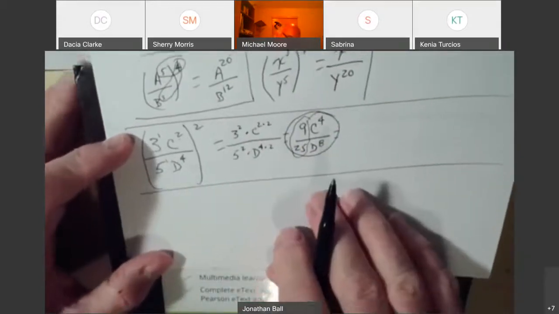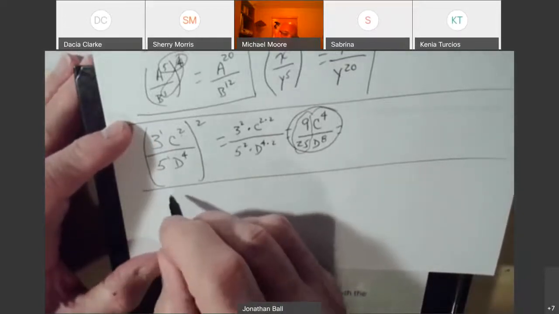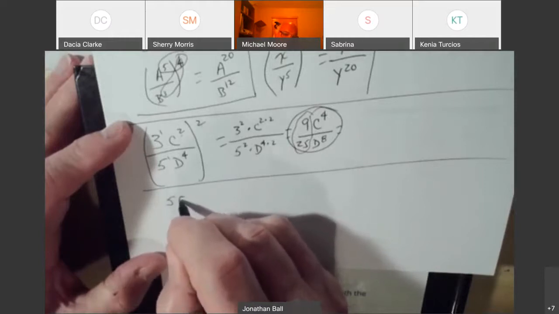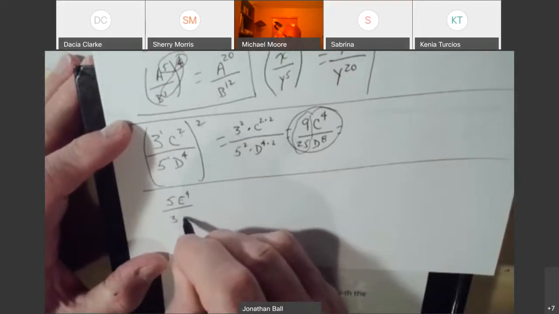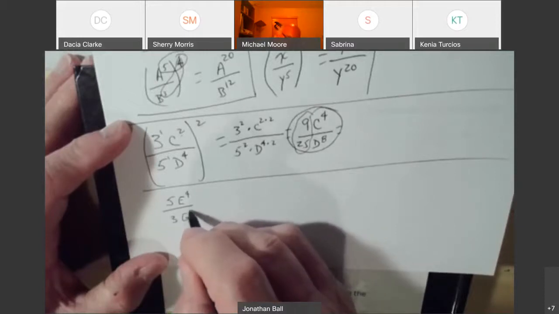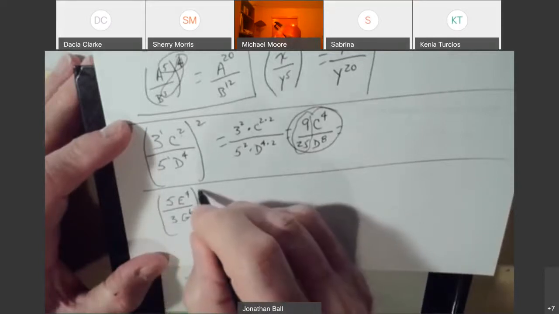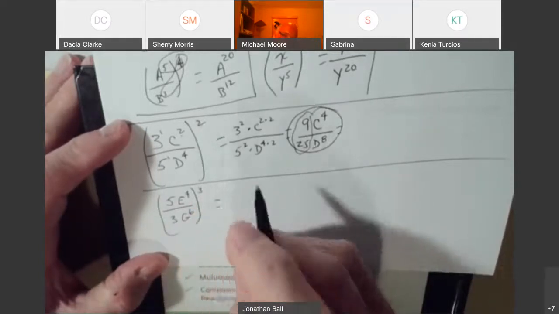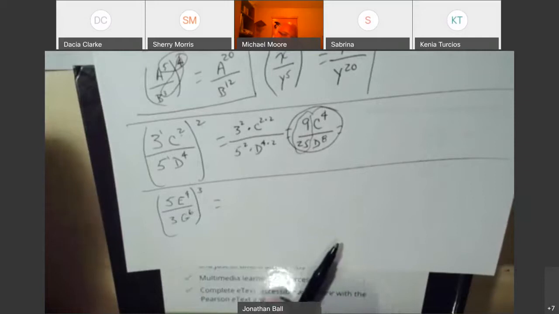Okay. And what if we have 5e to the 4th over 3g to the 6th, all cubed? What we're going to do is multiply this number inside the parentheses times itself 3 times.